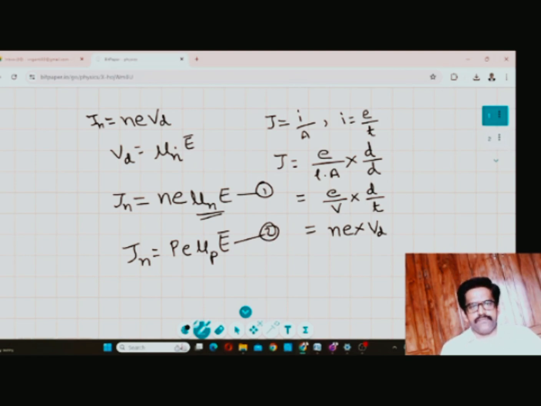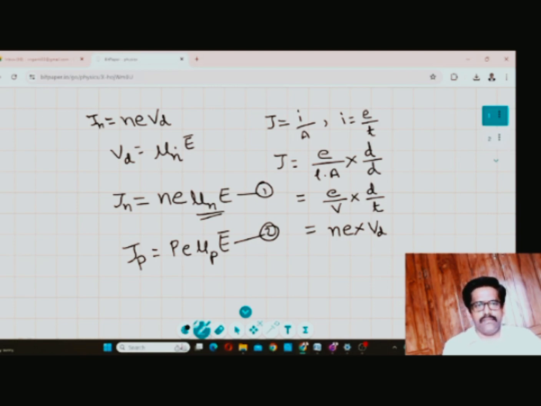Sorry, here we have to write Jp instead of Jn. Jp indicates the drift current density for the p-type semiconductor.